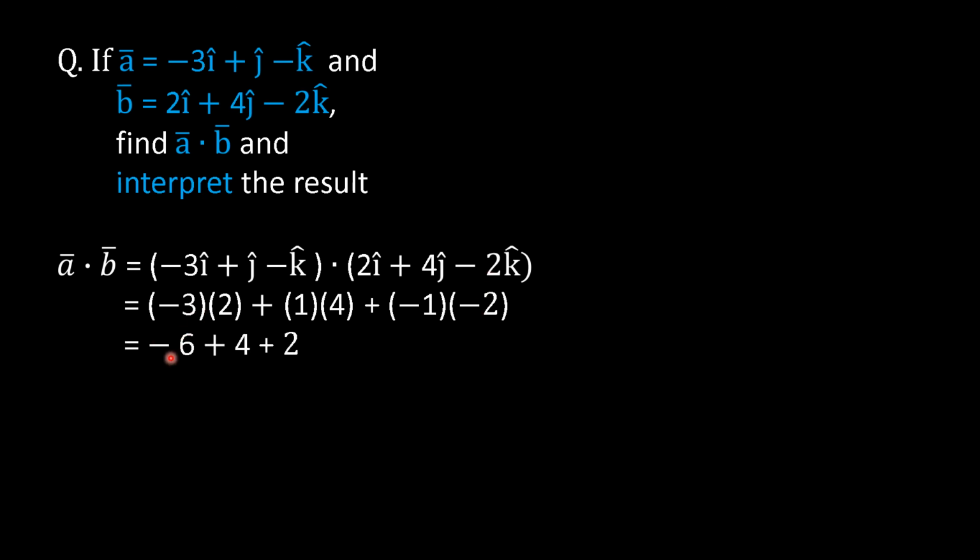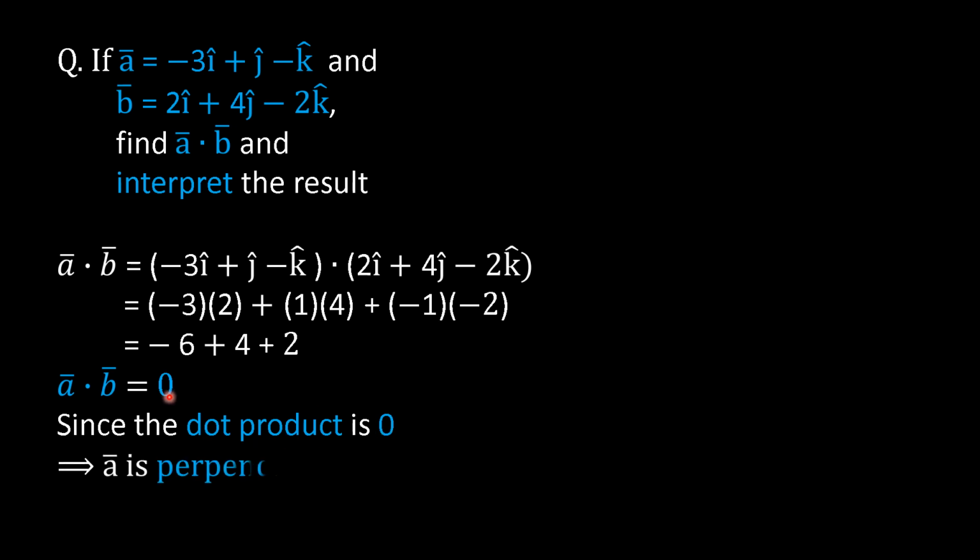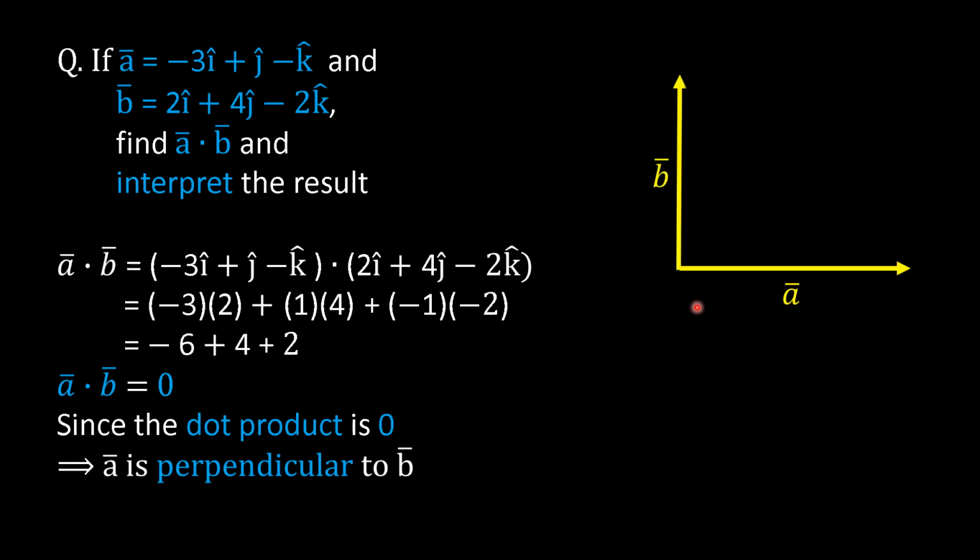This will be minus 6, this will be 4 and this will be 2, which works out to be 0. So a bar dot b bar equals 0. Since the dot product is 0, we say that a bar is perpendicular to b bar.